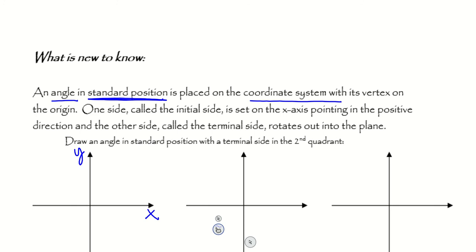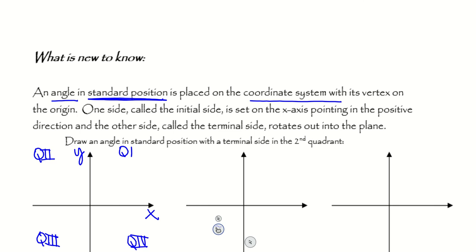Those fourths are called quadrants, and quadrant 1 is the section that is in the upper right-hand corner, and then if we rotate counterclockwise, quadrant 2 is in the upper left-hand corner, quadrant 3 in the lower left-hand corner, and quadrant 4 in the lower right-hand corner.